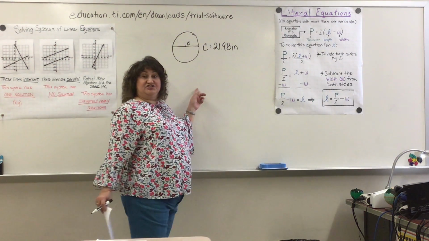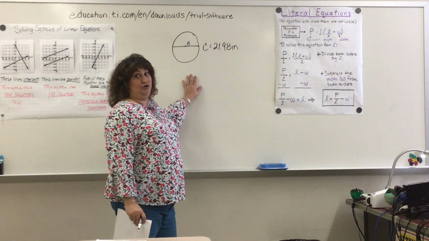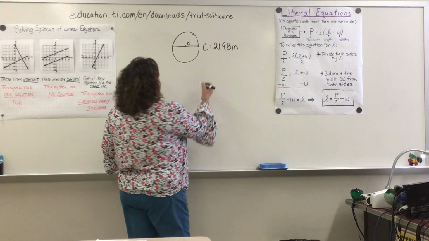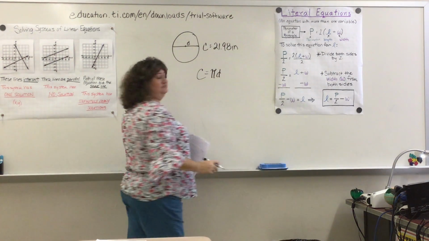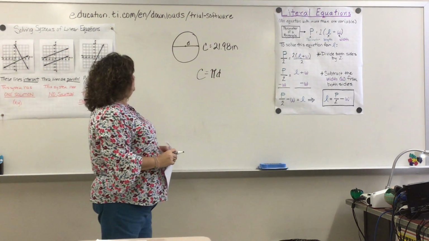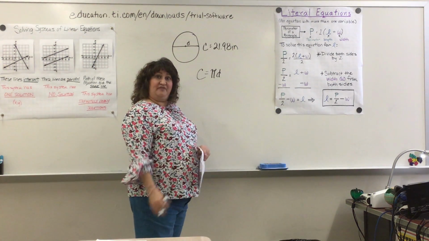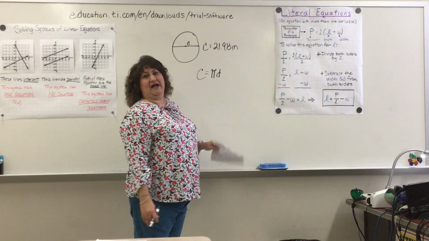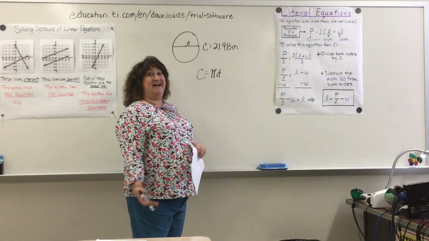And you've seen it last year in 8th grade when we had circumference, but we didn't know a diameter. If you remember, circumference equals pi times d, right? But if we're looking for the d, I need the d to be isolated by itself. So when we're going to do that, we're going to have to get rid of this pi. And pi is multiplied by d, so we're going to divide it.